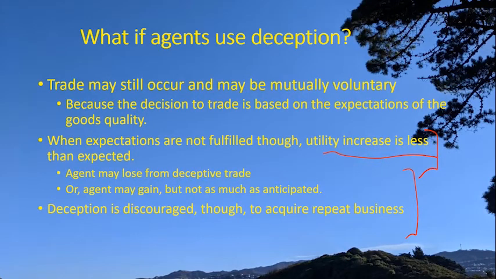If you don't have perfect information, it doesn't automatically imply that trade is not beneficial, but it probably implies that trade is not going to give you as big a bump up in utility as you originally expected, and quite possibly deception could actually leave you worse off than if you hadn't traded at all. So in order to guarantee this win-win outcome, we assume away the possibility of deception. We assume away this bad behavior on the part of agents in order to guarantee that we indeed get a good result for the two individuals.